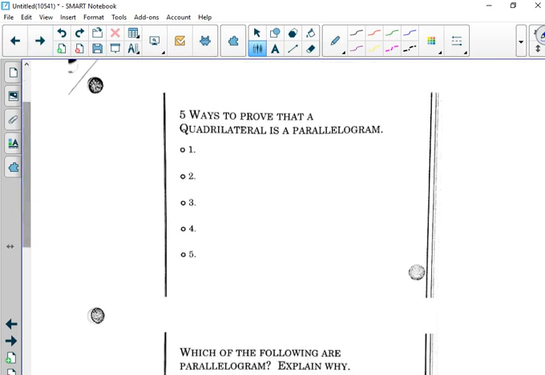Okay, 5 ways to prove that a quadrilateral is a parallelogram. Opposite sides are congruent. Opposite angles are congruent.